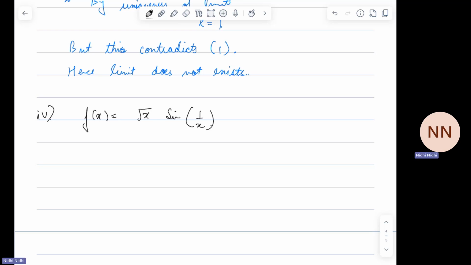In this case, we will prove that the function has a limit again using sequential criteria. In the previous problem, we had seen how we can show that the limit does not exist using sequential criteria. And now let's look at how to prove that the limit exists using sequential criteria.